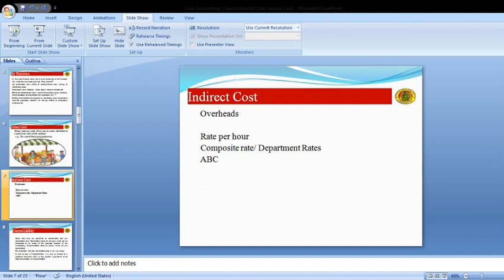In the same way, security, insurance, electricity, maintenance, these are typical examples of indirect cost. What about manpower cost? Is it direct or indirect? Suppose there are employees who work on a specific fluff making unit.